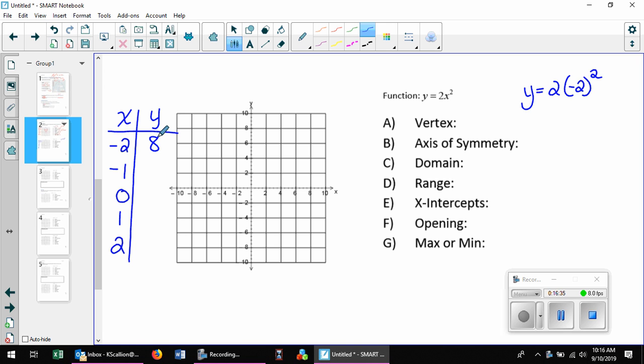Positive 8. Okay, so now if I put the -1 in there, I'm going to square the -1 first, which gives me 1, times it by 2, 2. Then 0. Do you notice anything about your y values? Anybody notice anything?